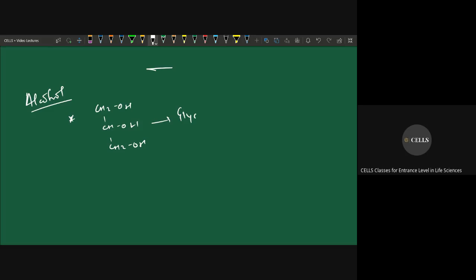This was called glycerol. Then what is the structure of this? This is known as glycol, or ethane glycol, 1,2-ethane glycol.